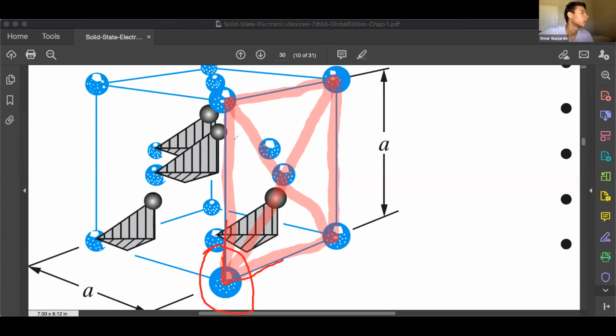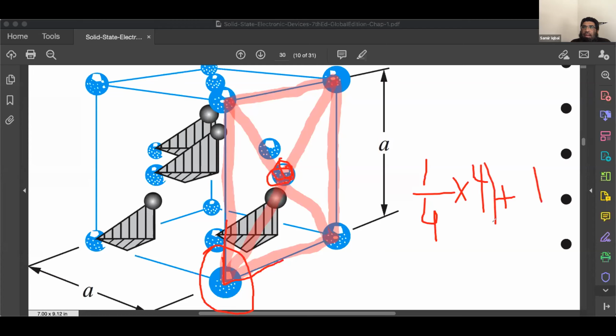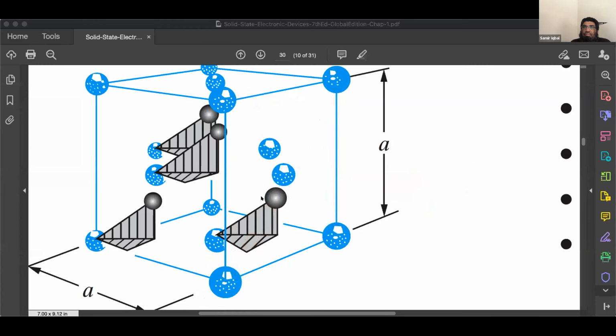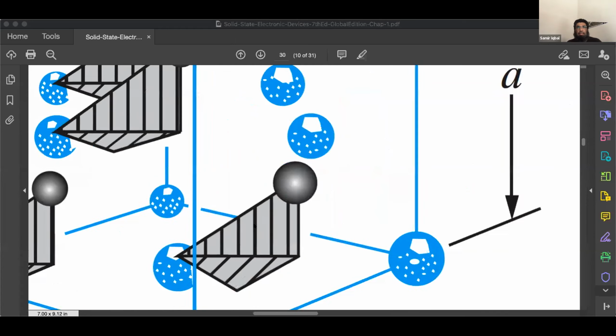All right, how many are there contributing 1/4? 4 of them. So we say 1/4 by 4. And then this thing right in the middle, because it's FCC, right, is contributing the full thing. So hence, we have what we have in that example. Let me take it.